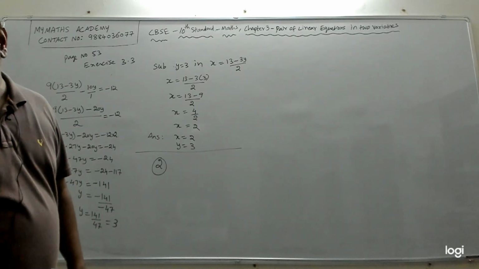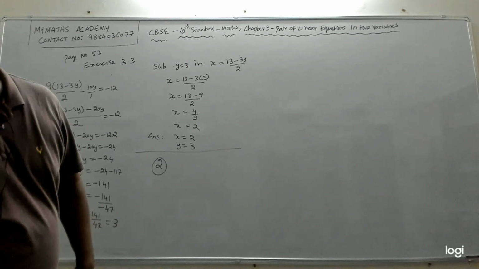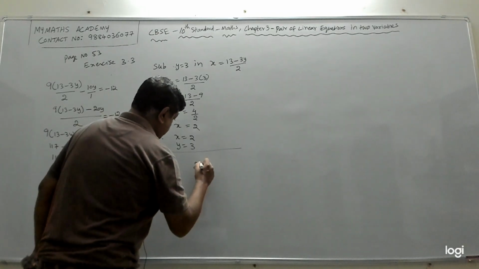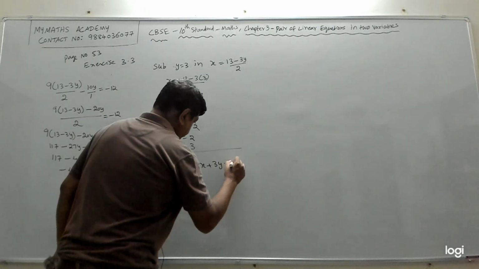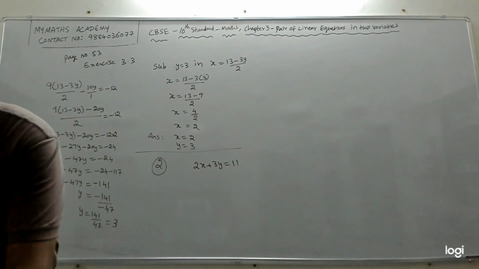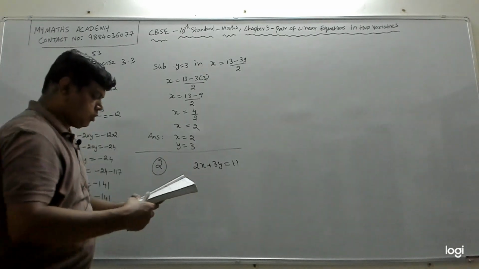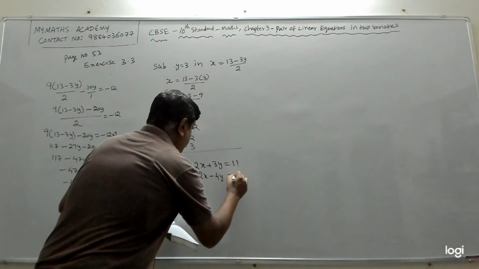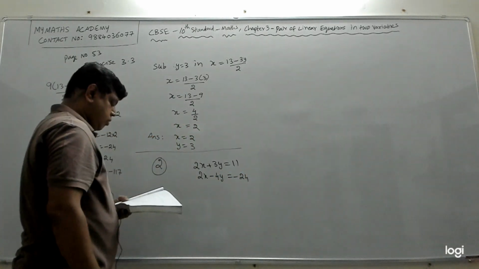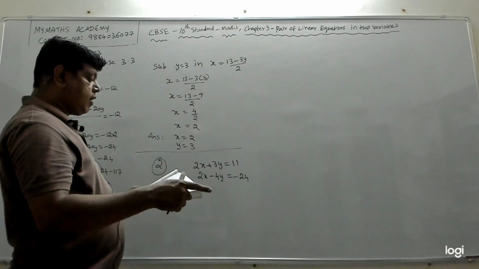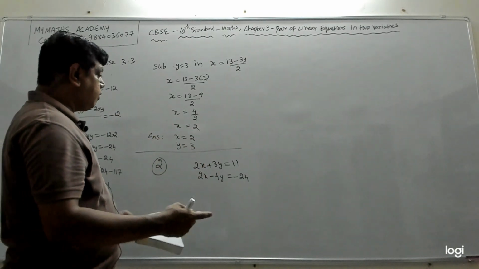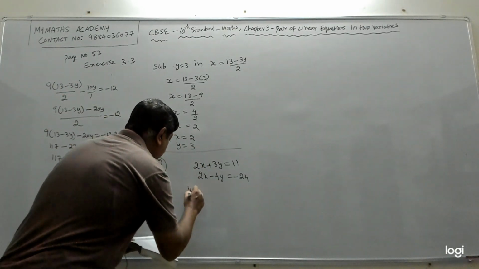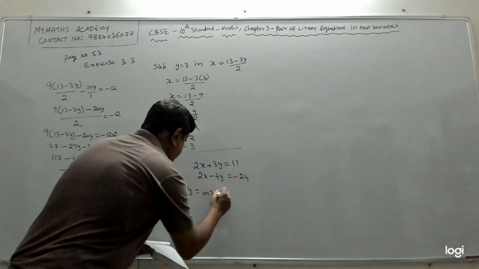Solve 2x plus 3y equal to 11 and 2x minus 4y equal to minus 24. We have to solve this and hence find the value of m for which y is equal to mx plus 3.